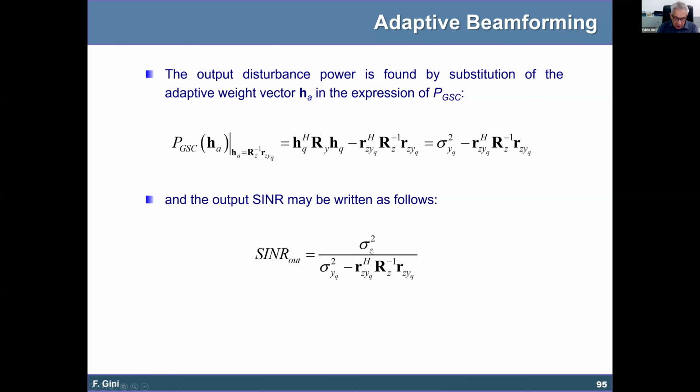And you can see that the more Z and YQ are correlated, the larger is this term that you subtract in the denominator, and the larger is the signal to interference plus noise ratio.